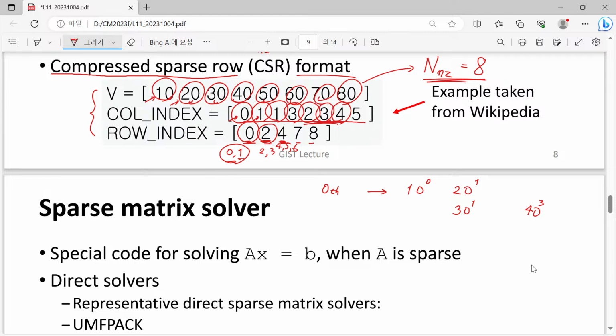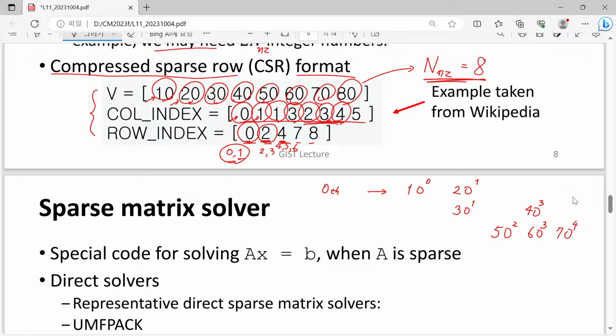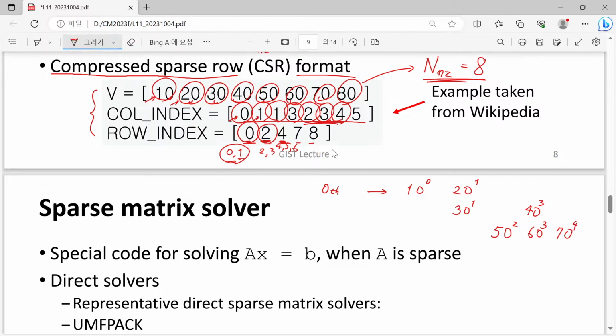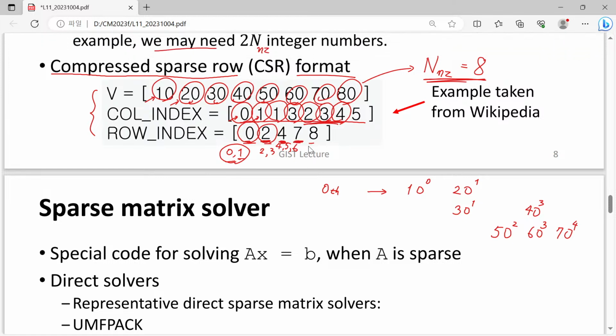So this is the second, third, and fourth column. Finally, starting from 7, we stop before 8, so only number 7.